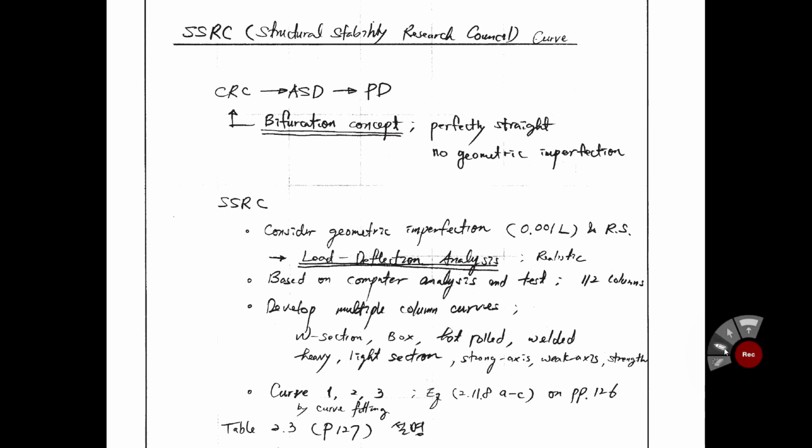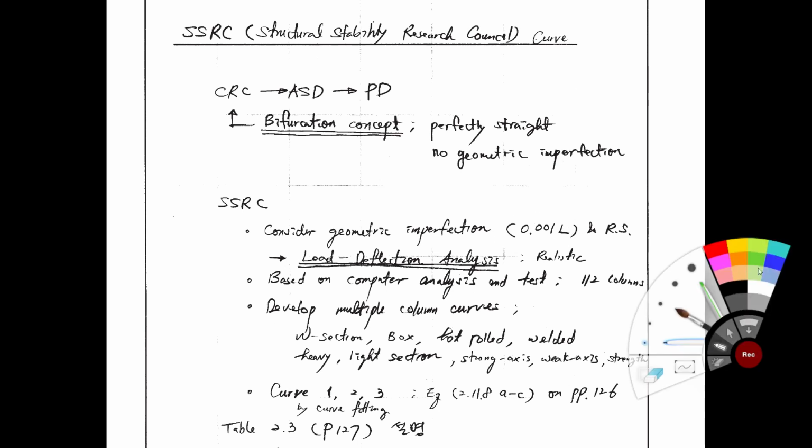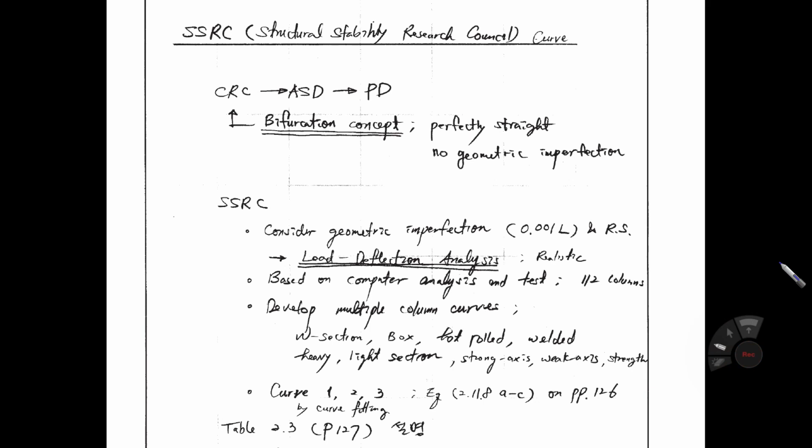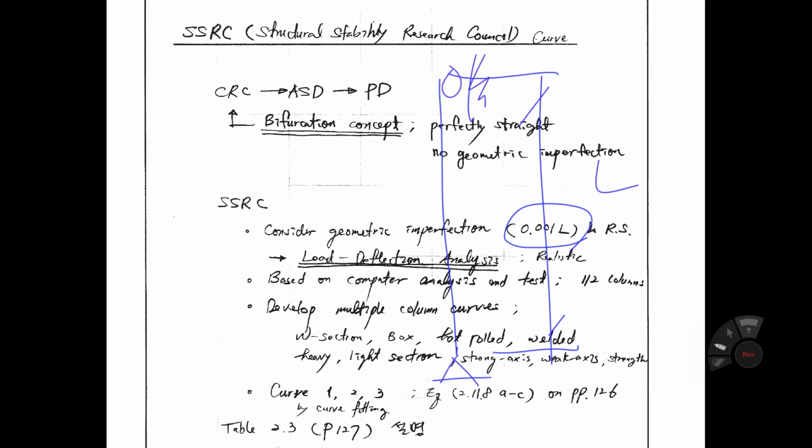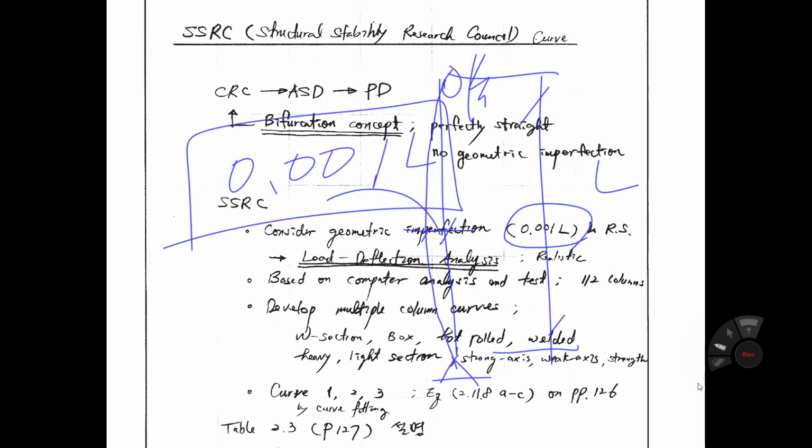If I draw the shape of that geometry imperfection, this is L, something like that, and then there is geometry imperfection like that. The maximum magnitude is 0.001 L. That is the imperfection.